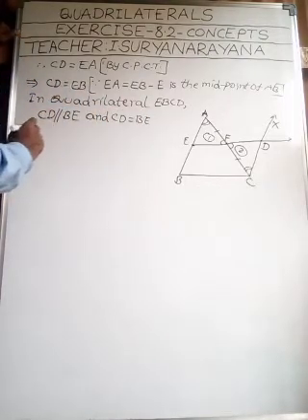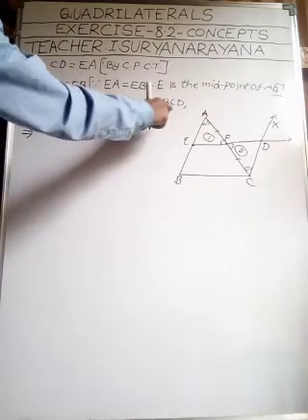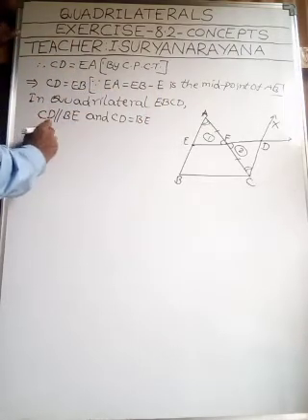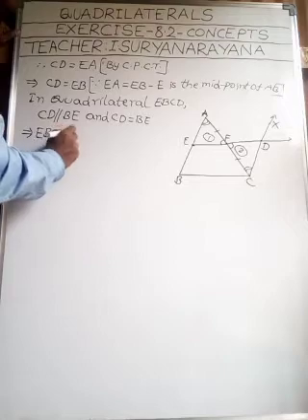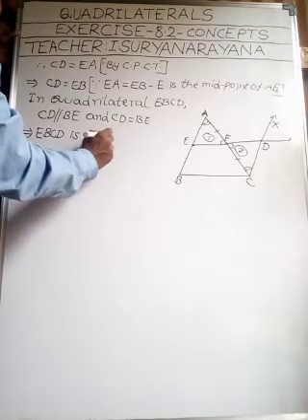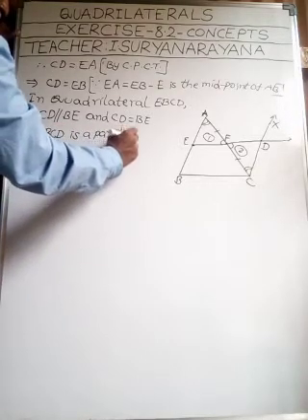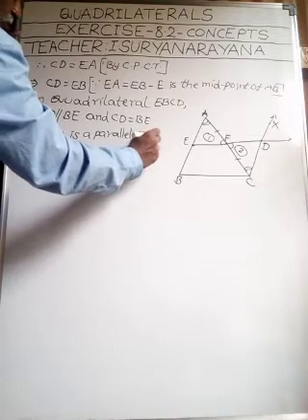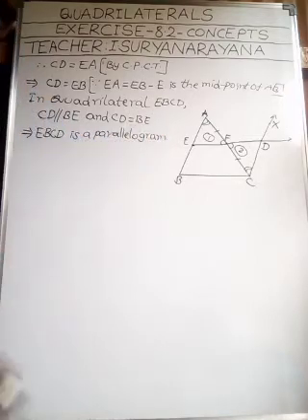This implies we can say that EBCD is a parallelogram, because there is a property of a parallelogram.